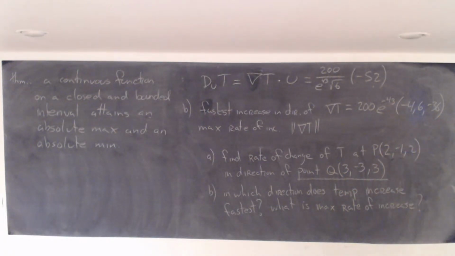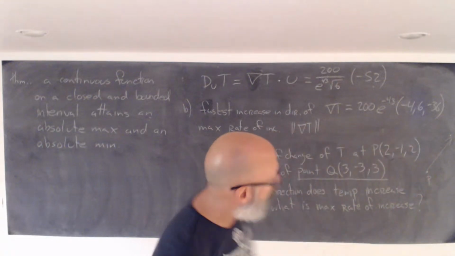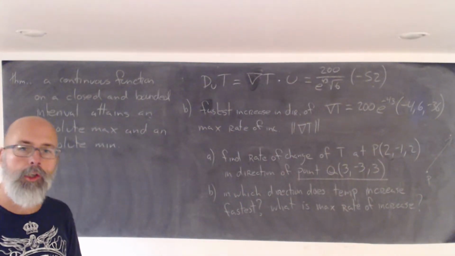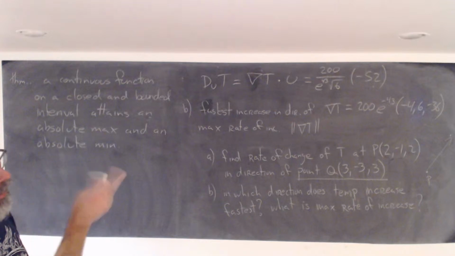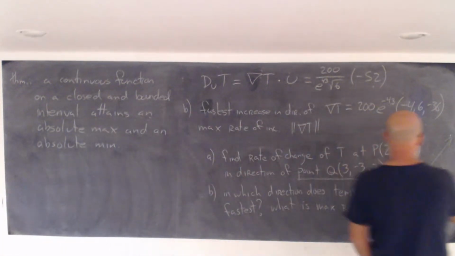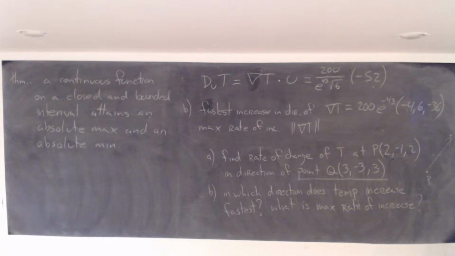So we're at this point P, and we want to calculate the rate of change in the direction of the point Q, not in the direction of the vector Q. You're standing at a point P, and you're looking towards the point Q. It's very important to understand what the question is asking, and that's what it is here. So don't be fooled on WebWork or an exam. Q is a point here, not a vector.